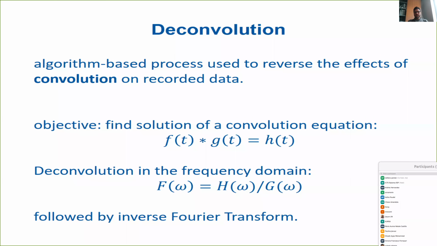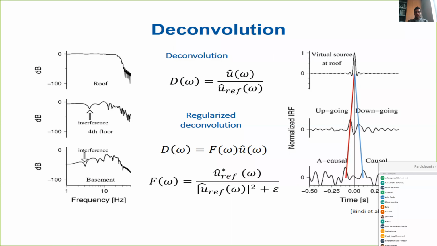In reality, they are very closely related, in the sense that if you look at this deconvolution, here is this term, which is multiplied by the other recording. So this is the recording, for example, that we use in one point. This is the reference point, and this is the deconvolution.